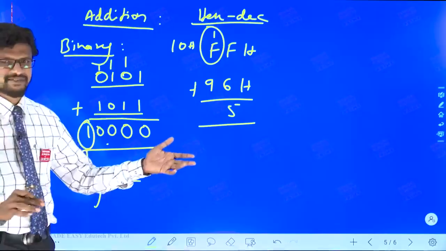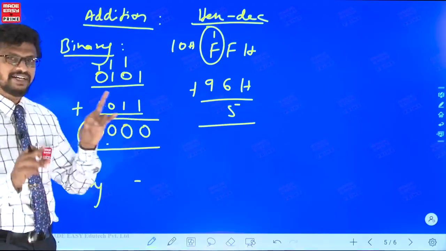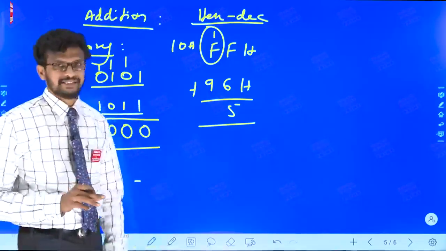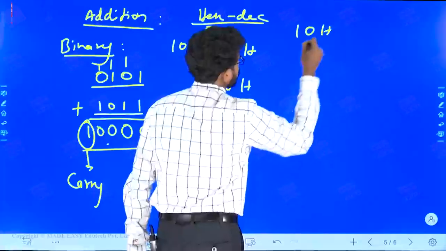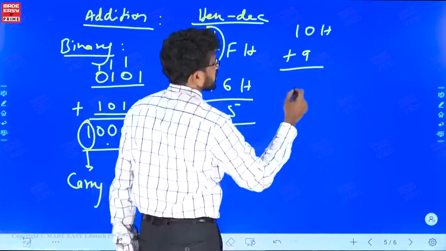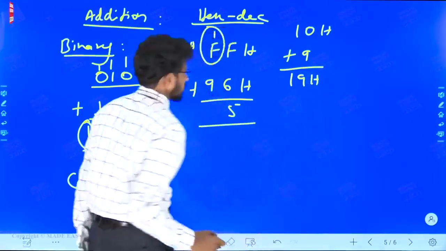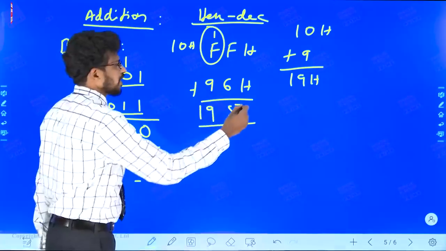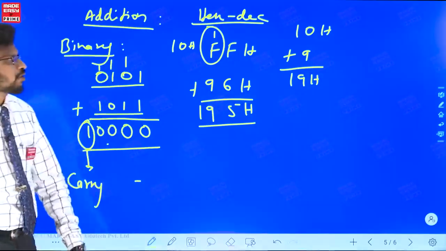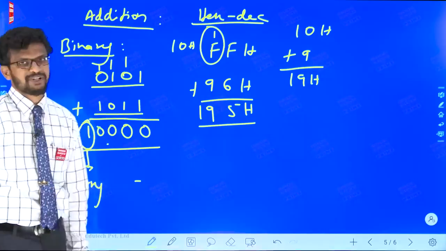You know the previous slides. 15 plus 1 is 16 in decimal, but 10H in hexadecimal. 10H plus 9, what technique is applied? 10H plus x. What is the answer? 1x. So here the answer is simply 10H plus 9 is 19. So 195. This is how we can solve the data in a simpler way.